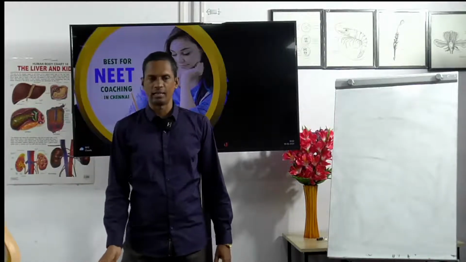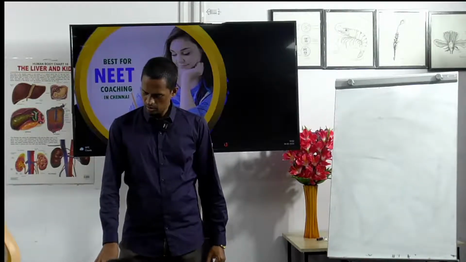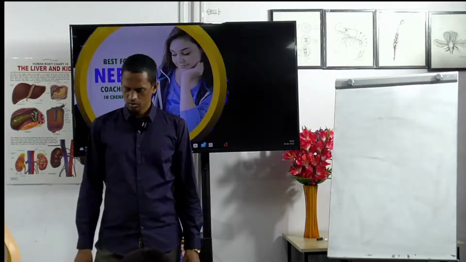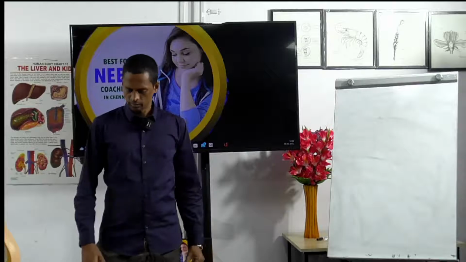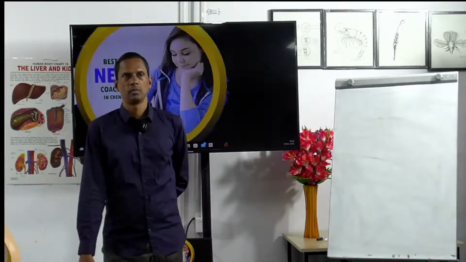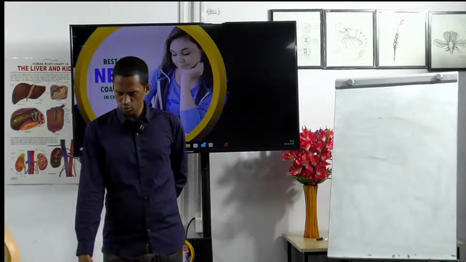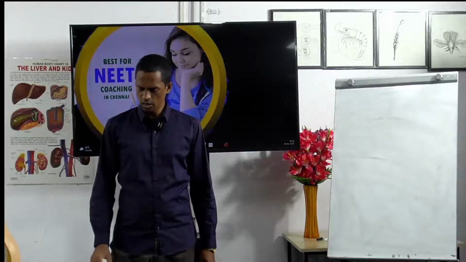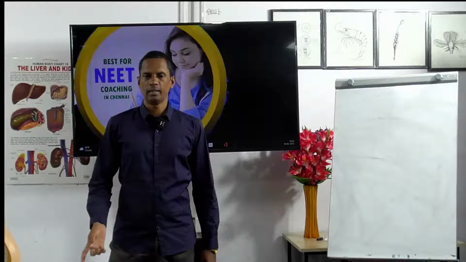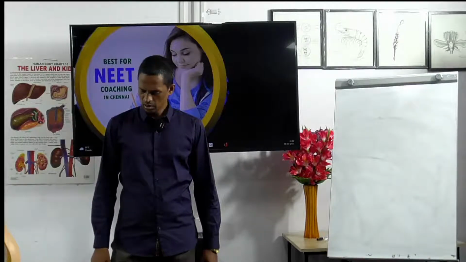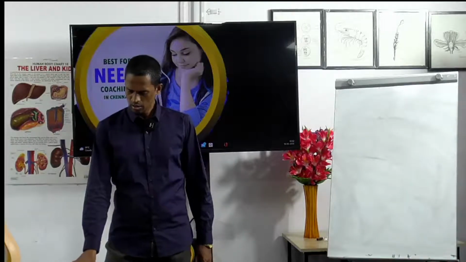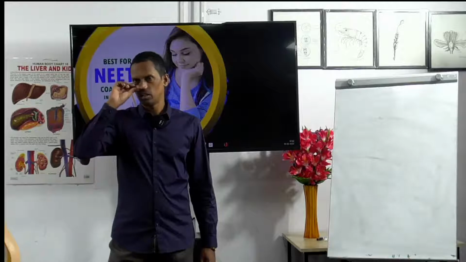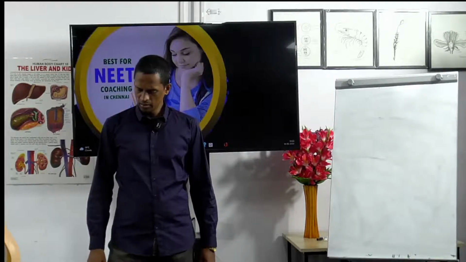Okay, so now we go for inductance. The electric current can be induced in the coil by the rate of change of magnetic flux produced in another coil.